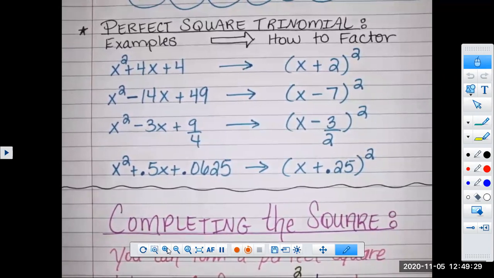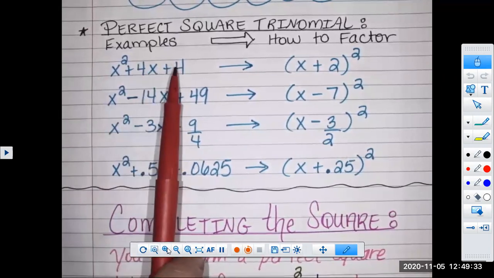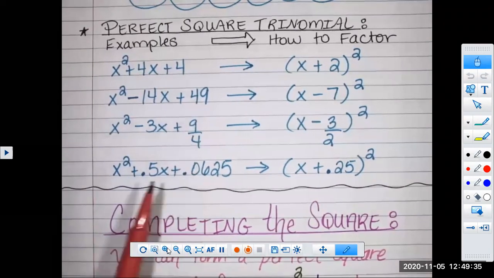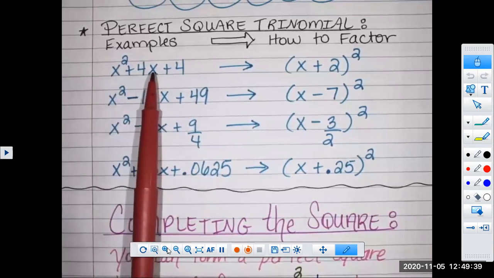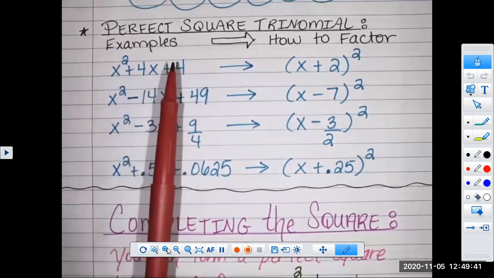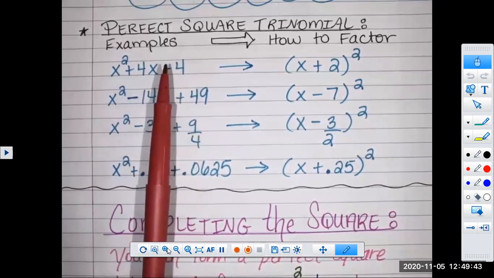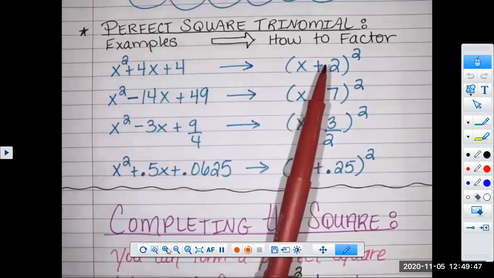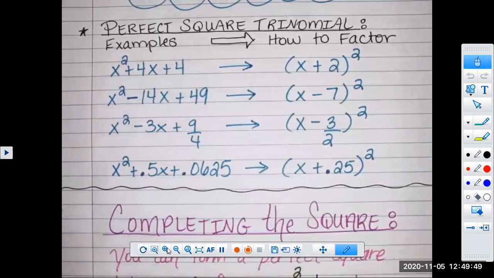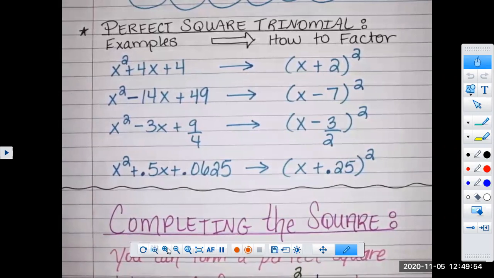So what we're going to be doing today, you're not going to be given this third term. They're going to give you the x squared plus 4x, and you're going to have to figure out what number goes in this spot in order to factor it into what you see on the right side. And we're going to talk about the process that you use to do that.